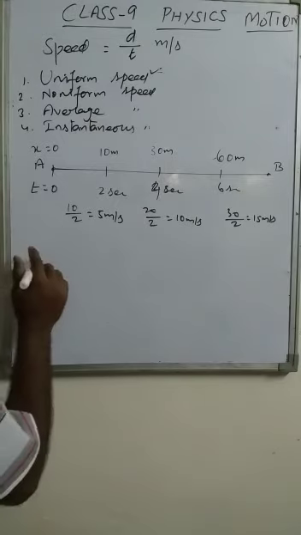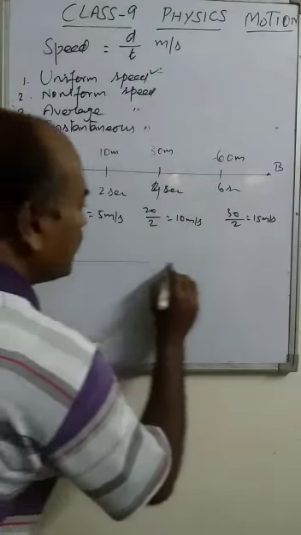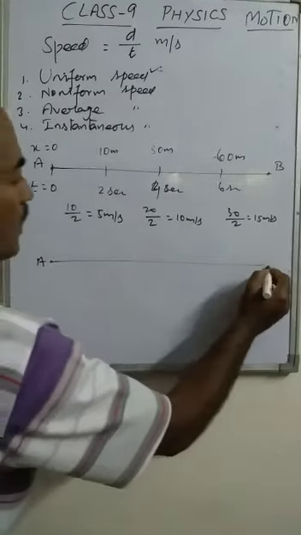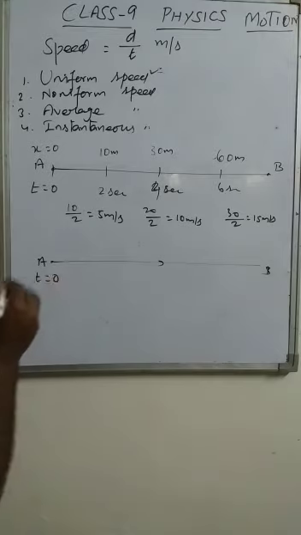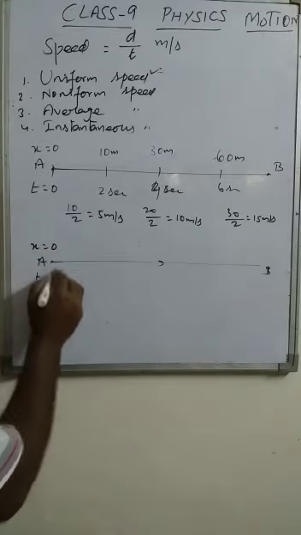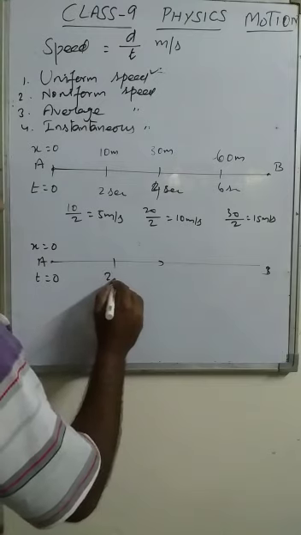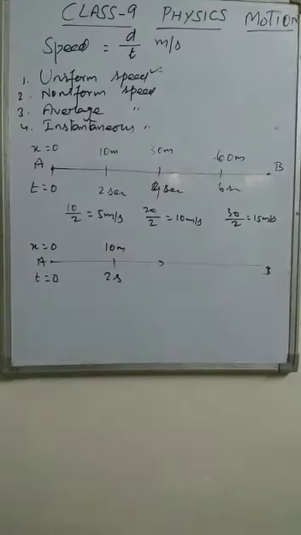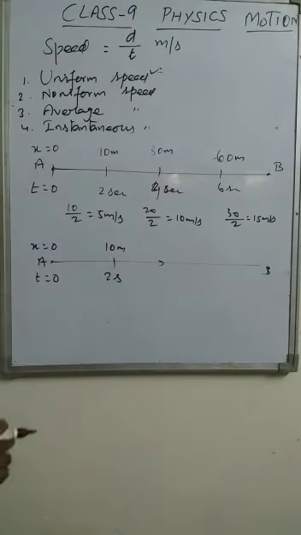Taking the other example, in the same path, an object is starting from the point A to B in this direction, starting from time 0, from the position 0. In 2 seconds, the position goes to 10 meter, so the distance traveled is 10 meter.